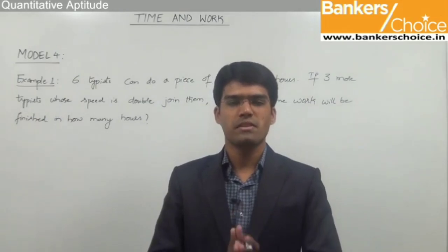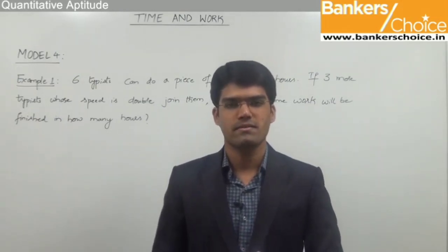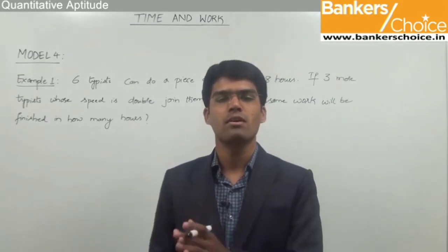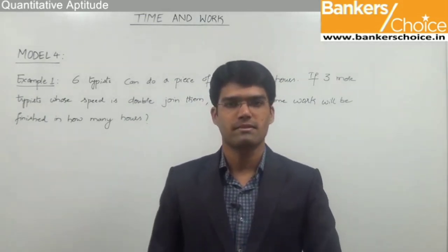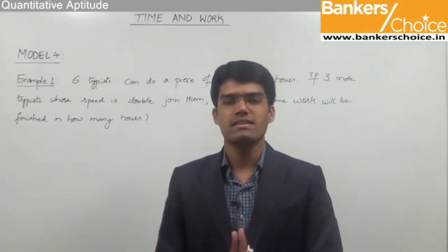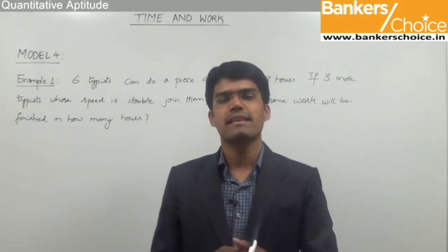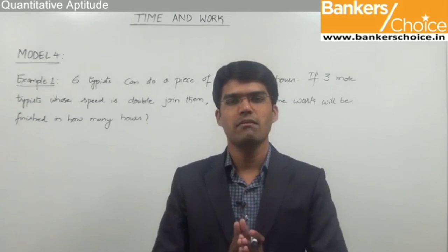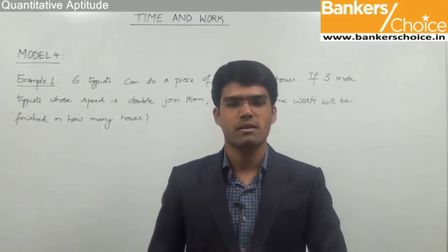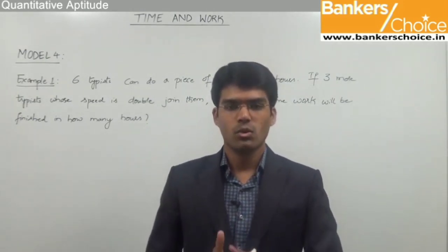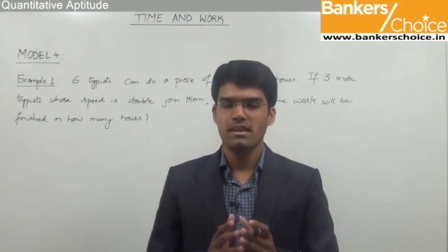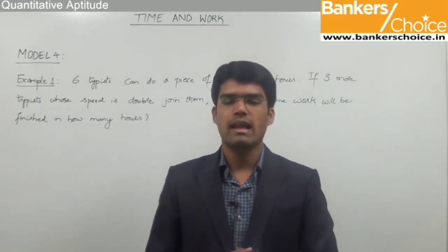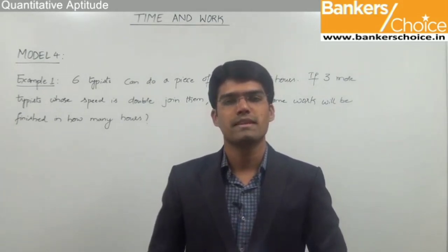So when the capacity of the first person is double the capacity of the second person, then the number of days required by the first person should be half of the number of days required by the second person.